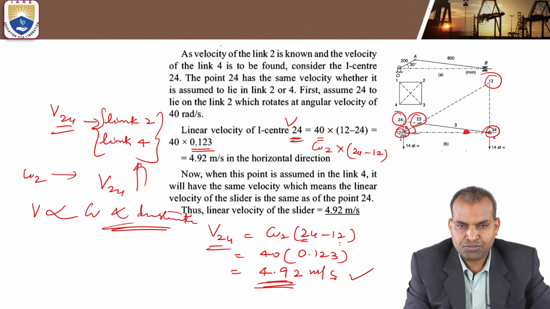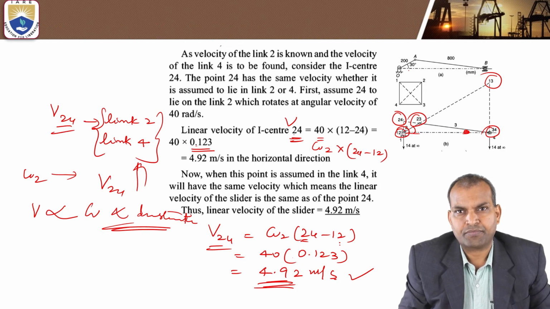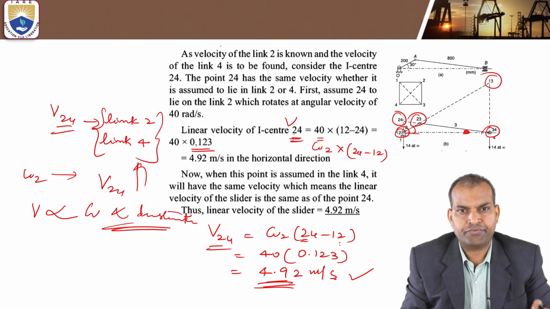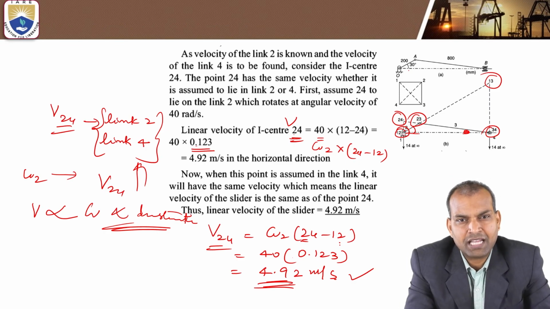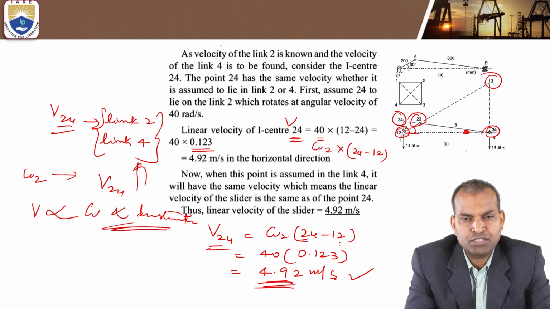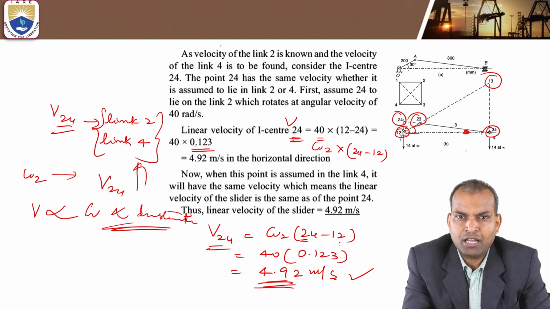So in this class today, we have studied the introduction of instantaneous centers, types of I centers, what an I center is, how to find out I centers by various methods, and the notation of I centers, and also the formula for the number of I centers: capital N equals small n into n minus 1 by 2.